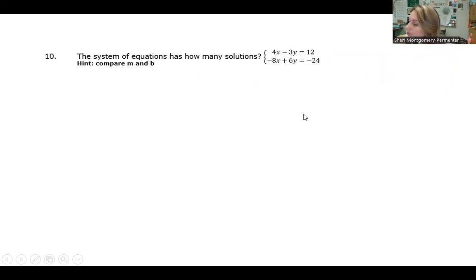And then we have one more, question 10, that's just like this. So I'm going to do it up on the board. You do it on your paper.